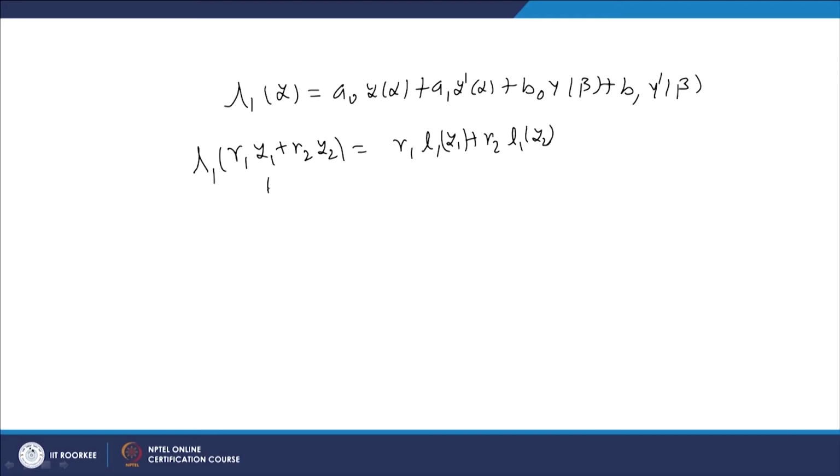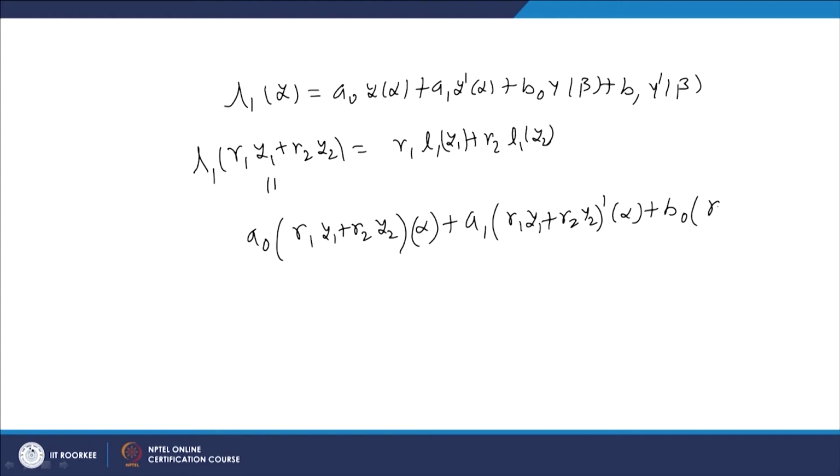Let me write it here. This is what I am writing: a0 (R1 y1 + R2 y2) defined at alpha, plus a1 (R1 y1 + R2 y2)' at alpha, plus b0 (R1 y1 + R2 y2) defined at beta, plus b1 (R1 y1 + R2 y2)' at beta, is equal to... Now if you simplify, (R1 y1 + R2 y2) at alpha is R1 y1(alpha) + R2 y2(alpha).